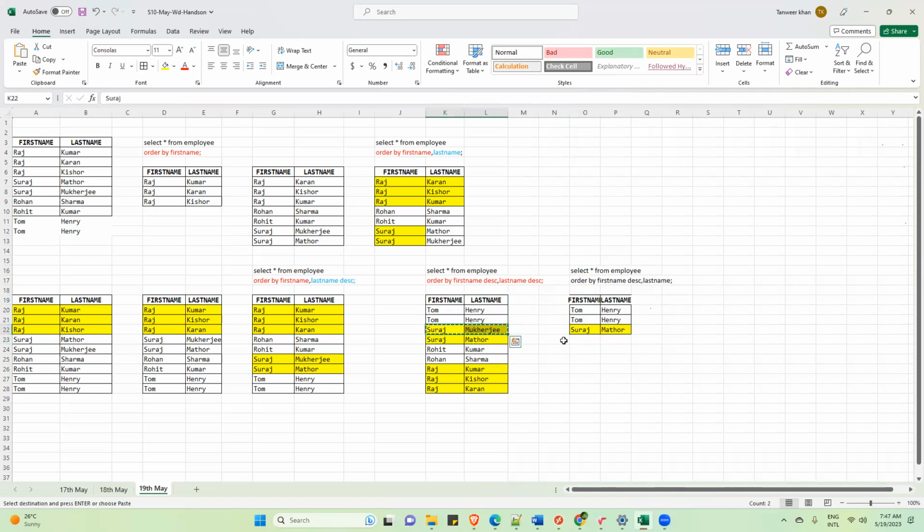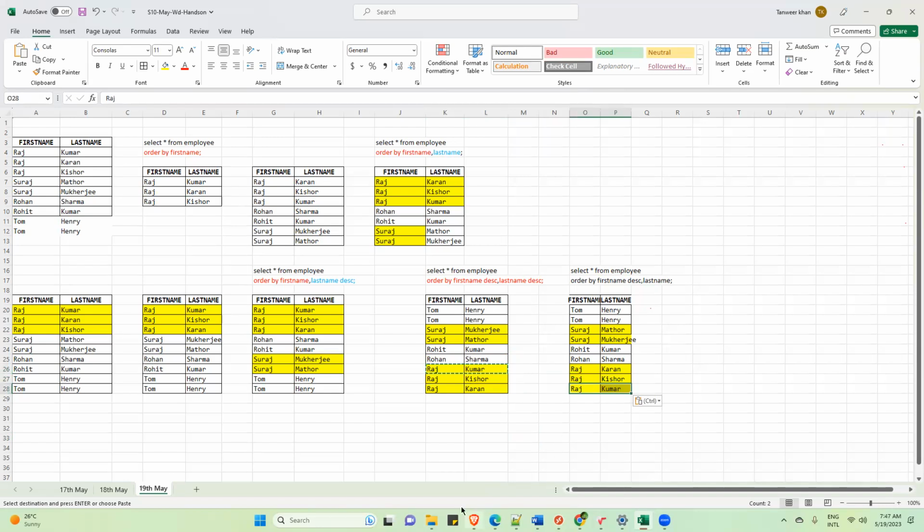Then Suraj Mukherjee. Then Rohit Kumar, Rohan Sharma will be there. There is no conflict. Now here, Raj Kumar, Raj Kishore and Raj Karan, which one you will keep on the top? Raj Karan, then Raj Kishore, then Raj Kumar.